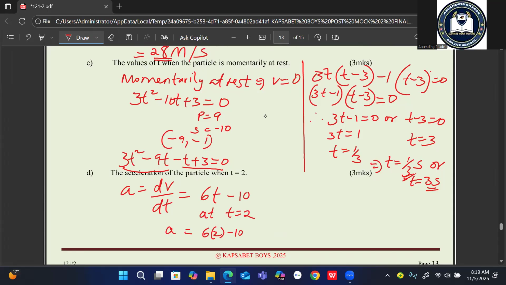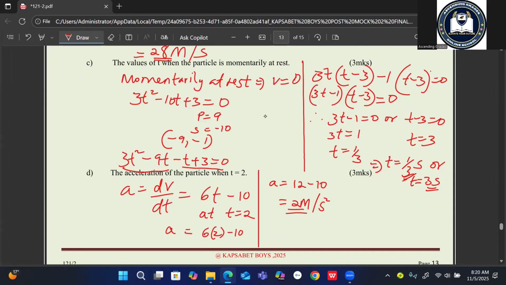That is 12 minus 10, which gives us 2 meters per second squared. So by doing that, you obtain your full 10 marks.